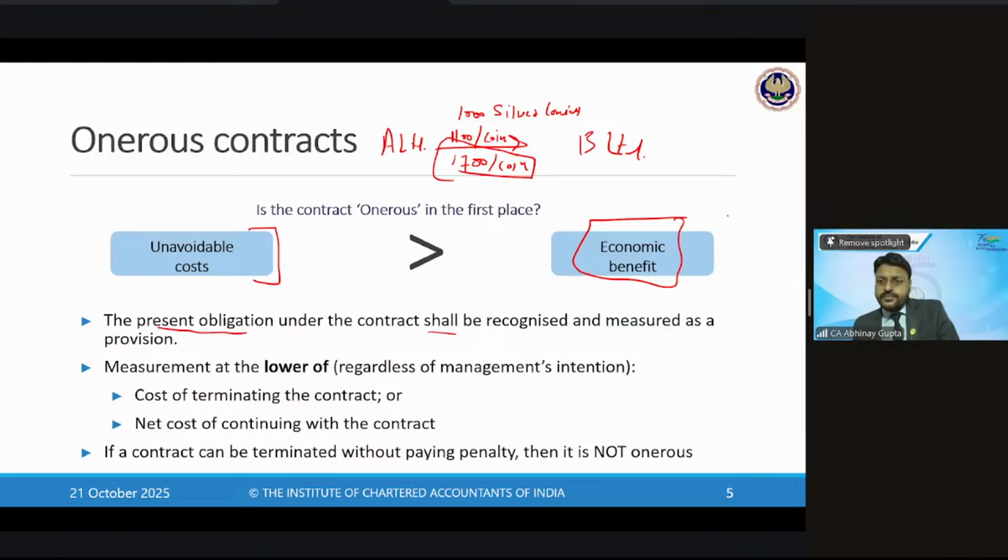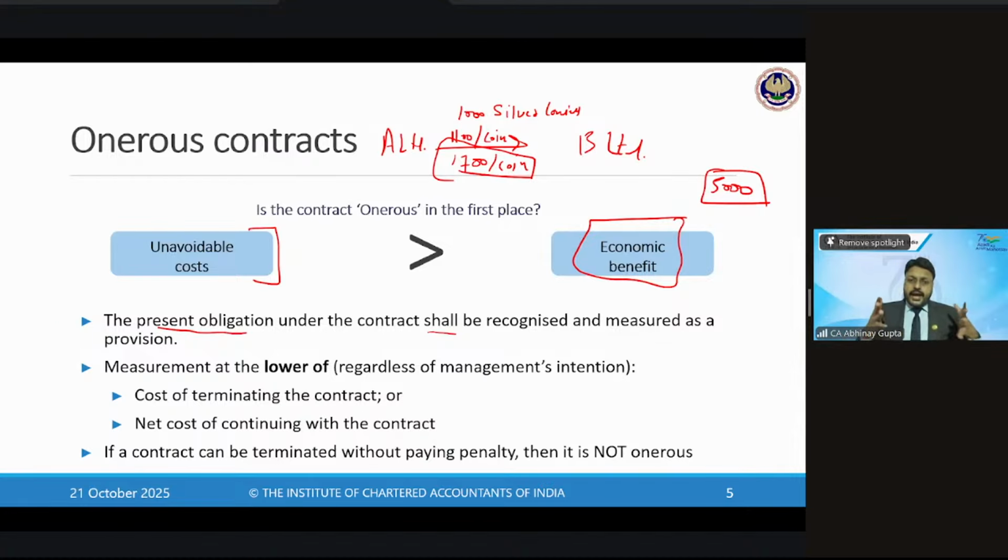Suppose the penalty is 5,000 rupees if any of the parties defaults on this contract, so they will pay. So what will A Limited do? A Limited will simply pay 5,000 rupees and terminate the contract. Yes or no? What do you think in this case? Yes, they can terminate. Correct. So they will focus upon terminating the contract.